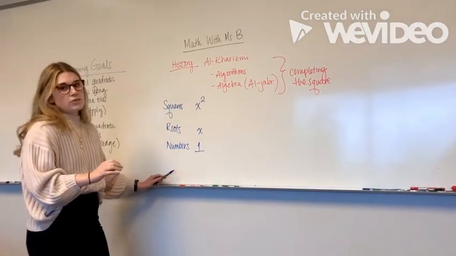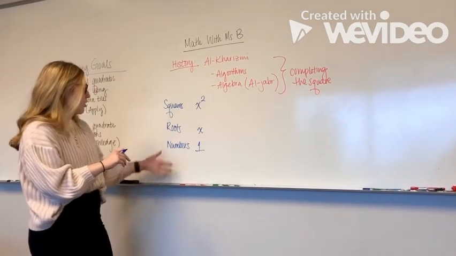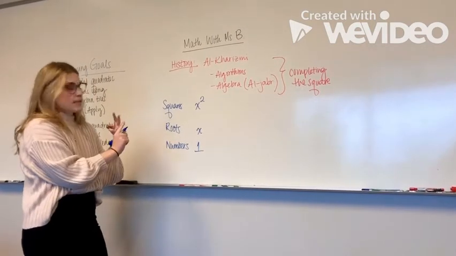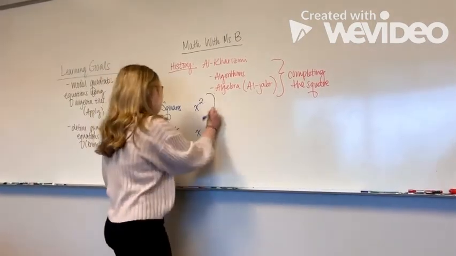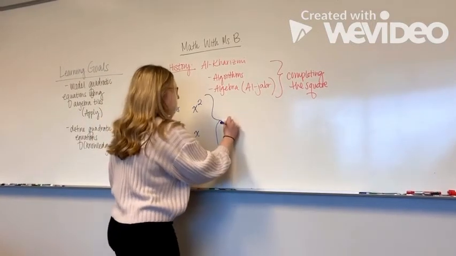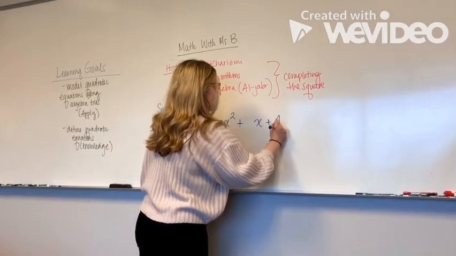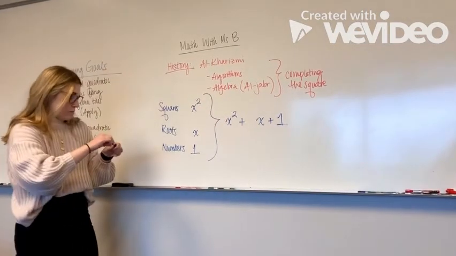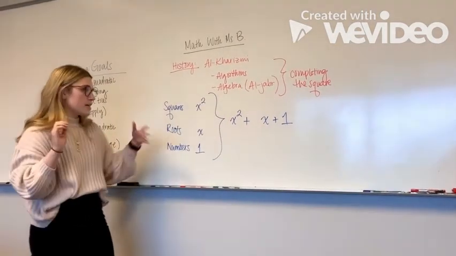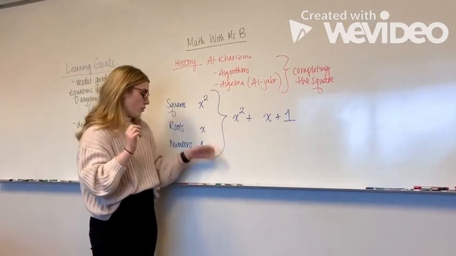Now when we complete the square, we need to combine all these squares, roots, and numbers into a formula. So what he wrote was x squared plus x plus 1. Now, we know that that's just one simple equation, but we need to generalize it for all quadratics.